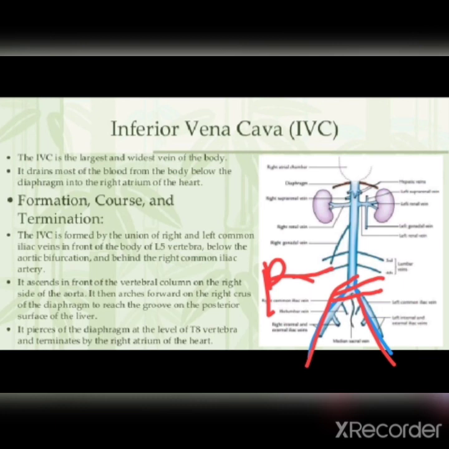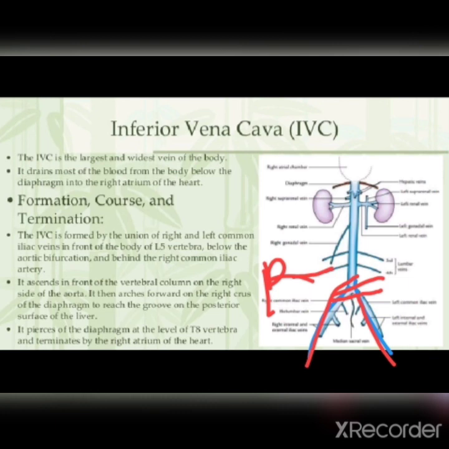It then arches forward on the right crus of the diaphragm to reach the groove on the posterior surface of the liver. There are two crura of the diaphragm; it is on the right crus, which is larger.